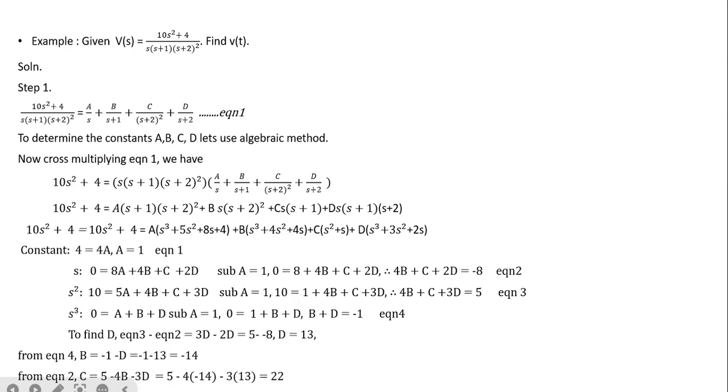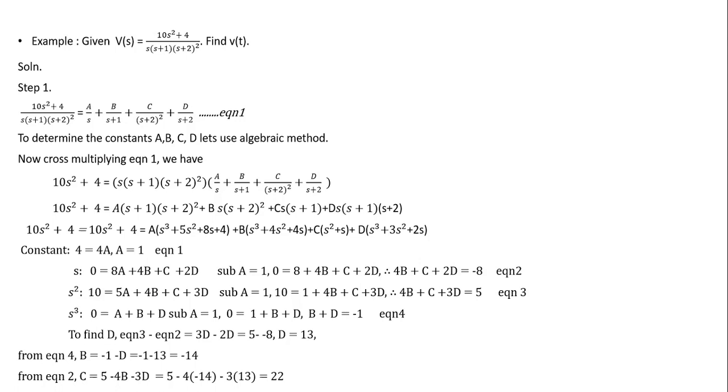And when you have that, you expect that they are going to expand themselves. And when they expand, you're going to be having something like s squared plus 4s plus 4.